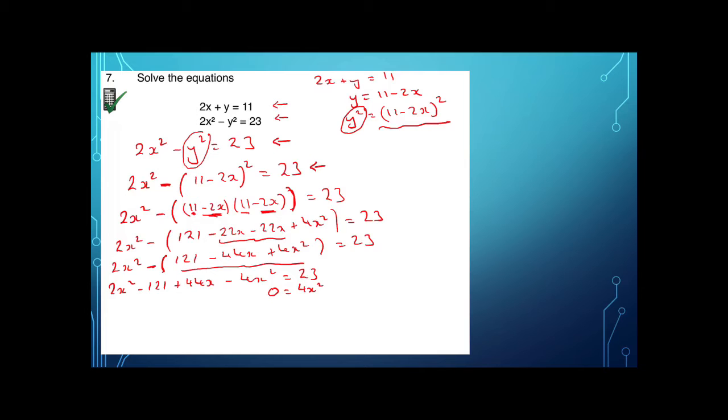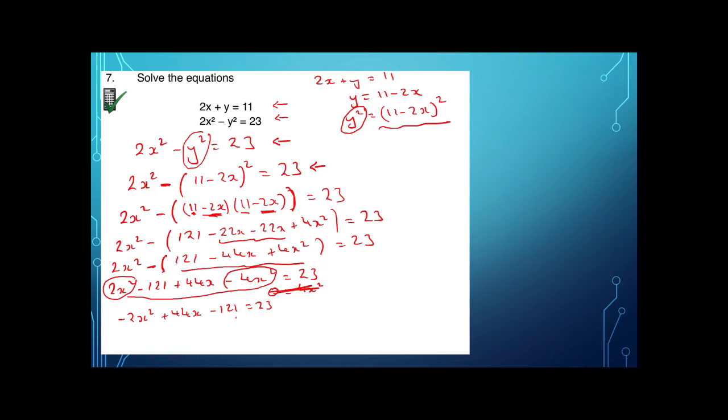It isn't 4x, is it? I do apologize there. We need to collect those like terms first. So that's actually negative 2x squared plus 44x minus 121 is equal to 23.